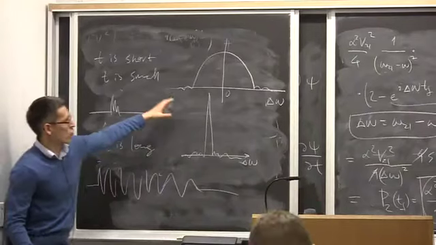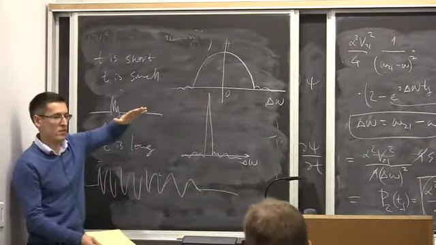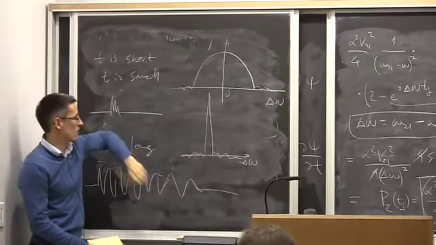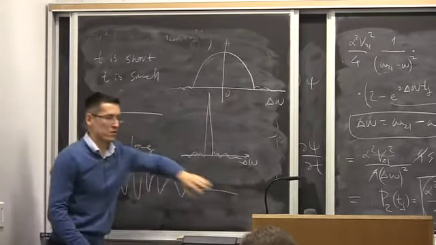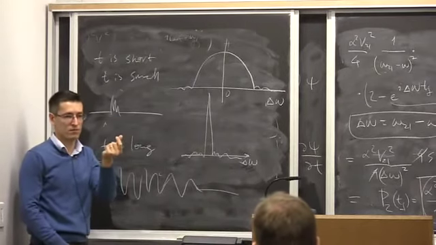So with shorter pulses, you will populate a wider range of states. With longer pulses, you will probe only the ones that are truly in resonance.